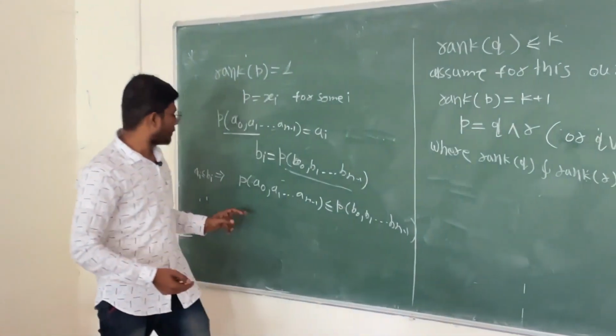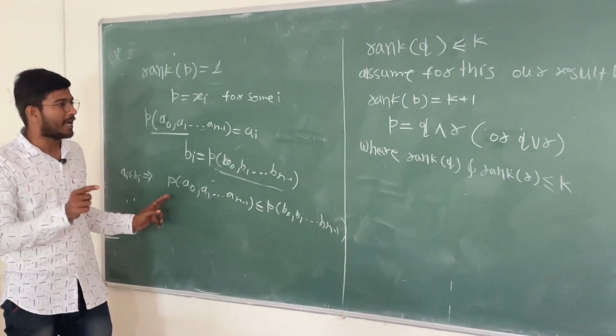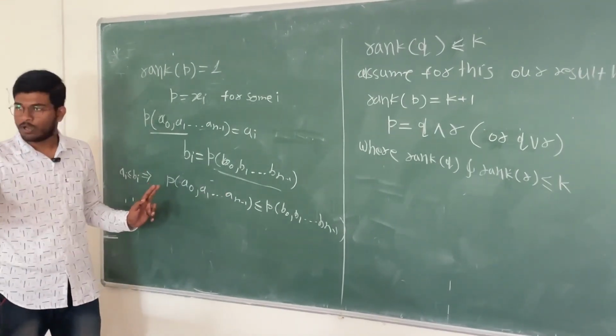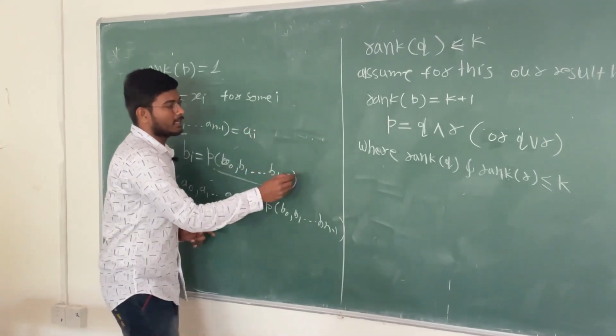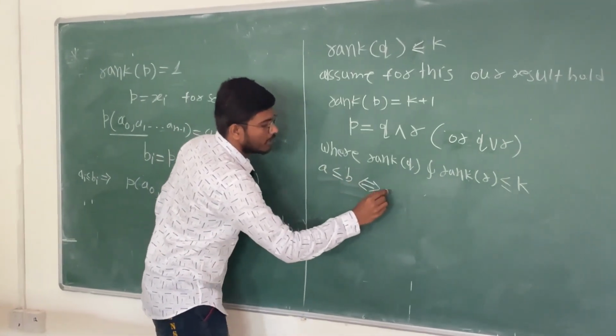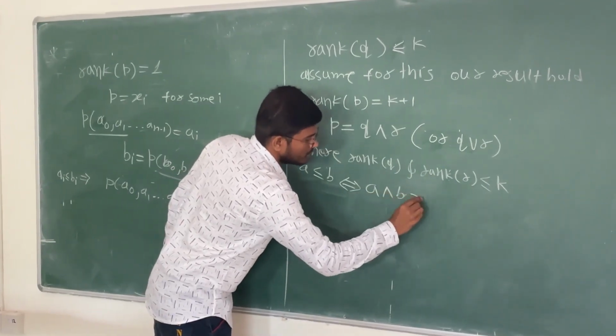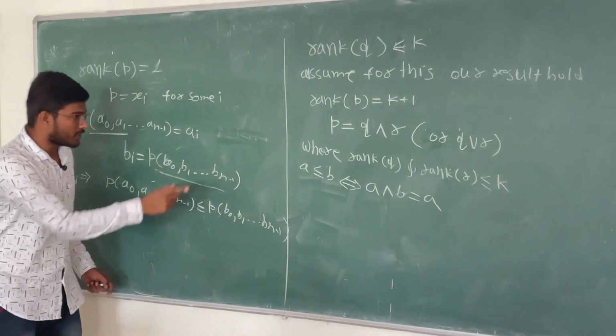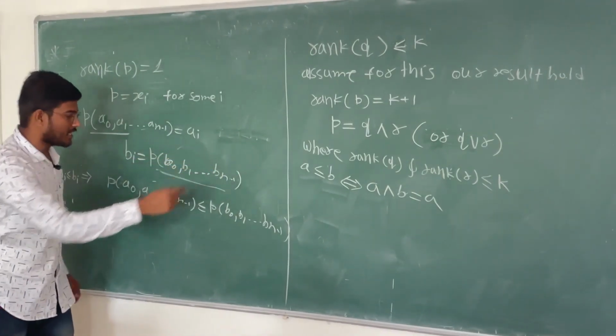Yes. So now we have taken this. Now we have to prove that this holds for a polynomial having rank k plus 1. You have one general statement: a is less than or equal to b if and only if a meet b is equal to a. So for this we will use that general statement.